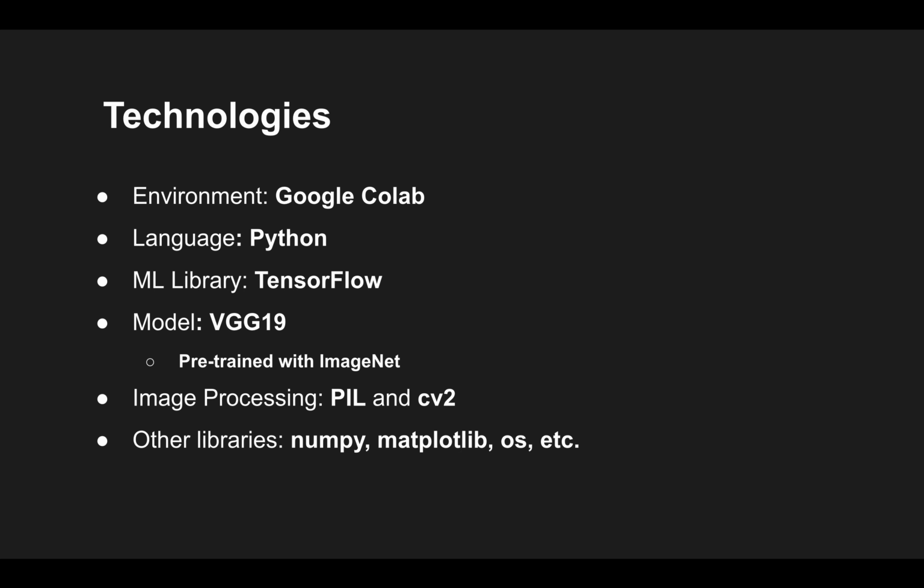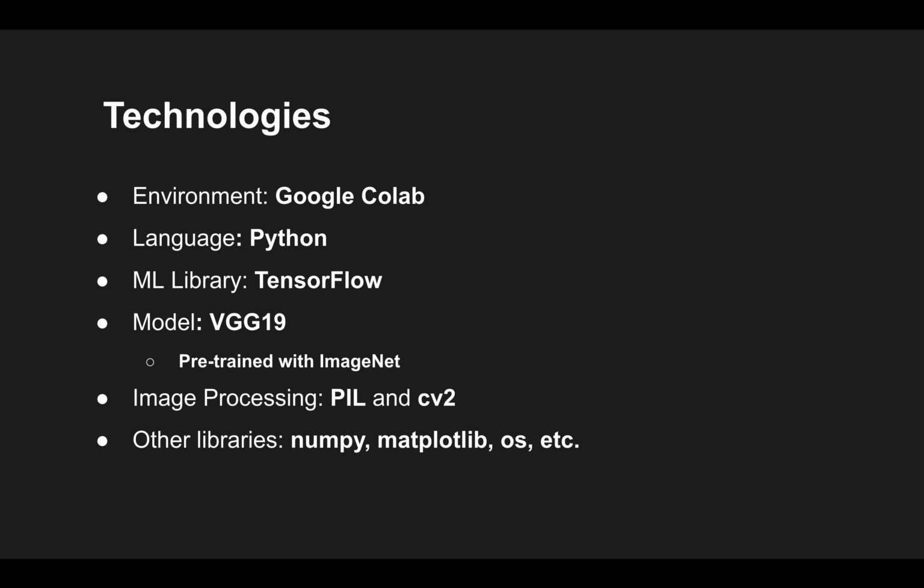So the overall technologies that I used are, for the environment, Google Colab. For the programming language, Python. For the machine learning library, TensorFlow. As I said earlier, the model is VGG19, and I pre-trained it with ImageNet.